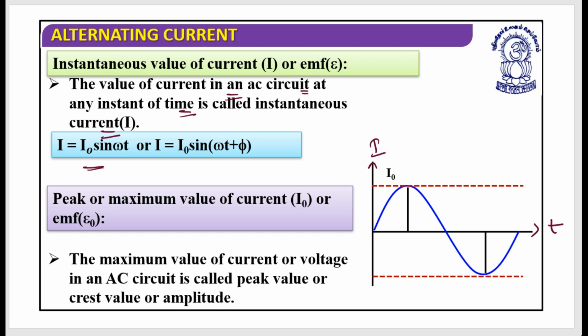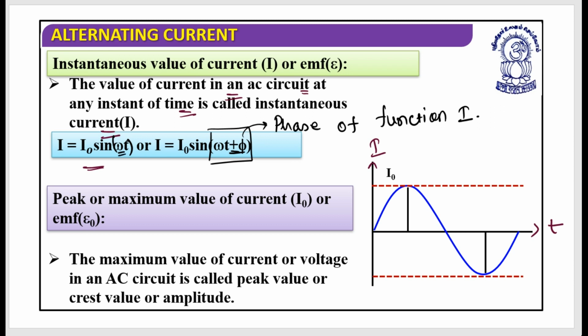This complete bracket is the phase of the function I. Whatever we write in the bracket of sine, or even cos, when we are talking about sinusoidal waves only, that is, whatever theta has been represented, is called the phase, or basically the initial phase of the function. So omega t plus phi for this, or omega t for this, is the phase of the function I.